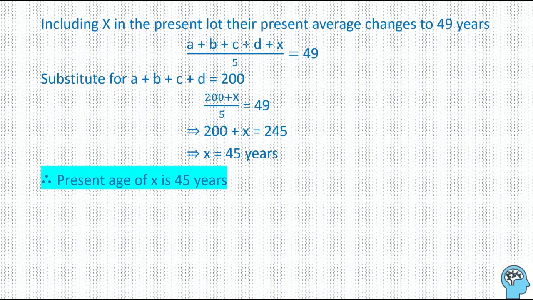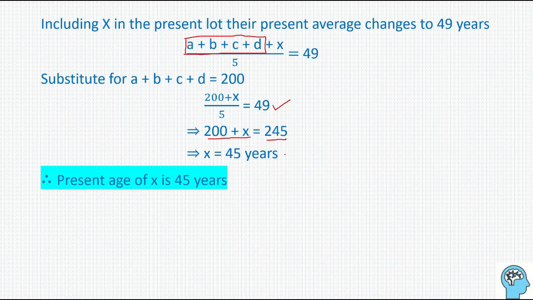So in the previous slide, I got the value of a plus b plus c plus d as 200. So that you can substitute over here, and this is what you'll get. 200 plus x by 5 is 49. 200 plus x is 49 into 5, that is 245.